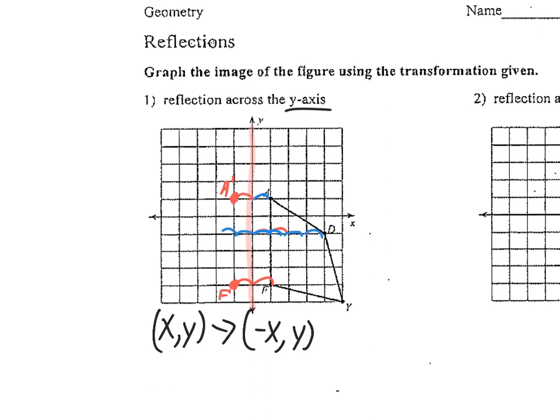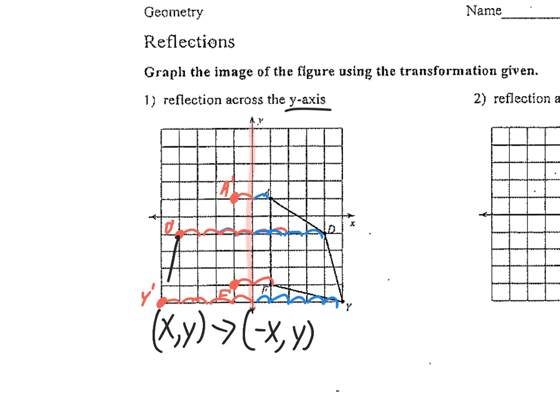So that's D prime. And that looks like Y is 1, 2, 3, 4, 5 away. So I'm going to go 1, 2, 3, 4, 5 away.